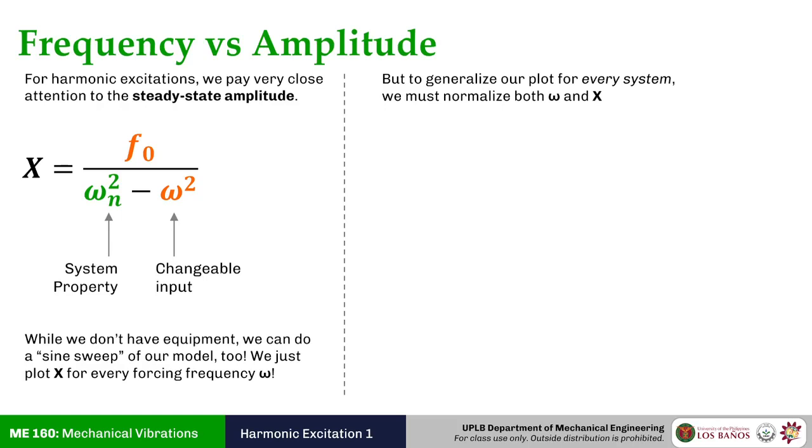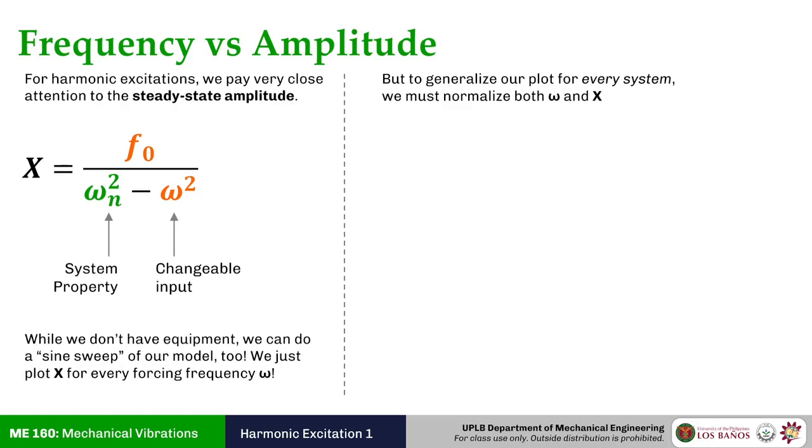So before we do so, let's normalize our select properties. So instead of using steady state amplitude outright, we're going to normalize it to make it dimensionless. Same with the frequency.